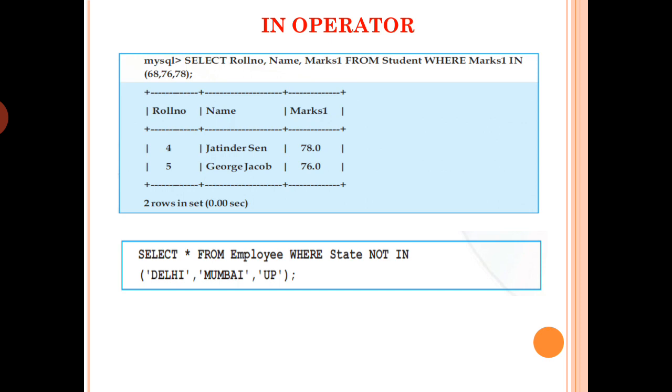The statement select star from employee where state not in Delhi, Mumbai, UP will display all rows except those that have state as Delhi or Mumbai or UP in the employee table.